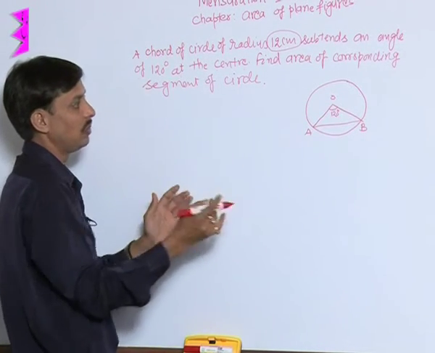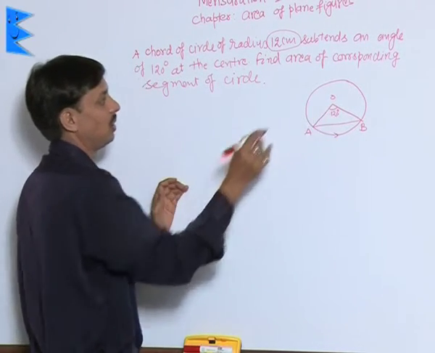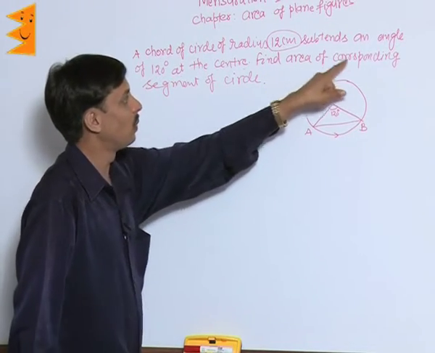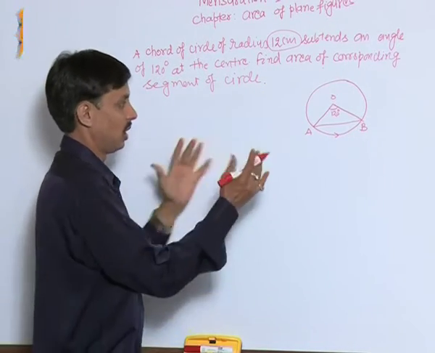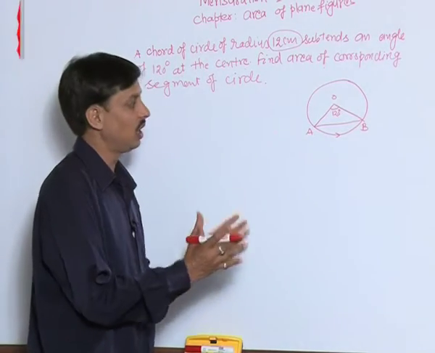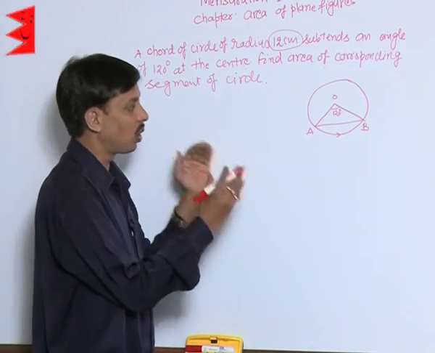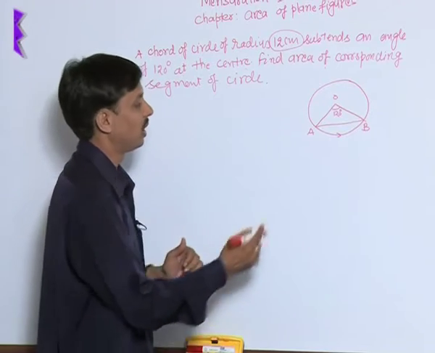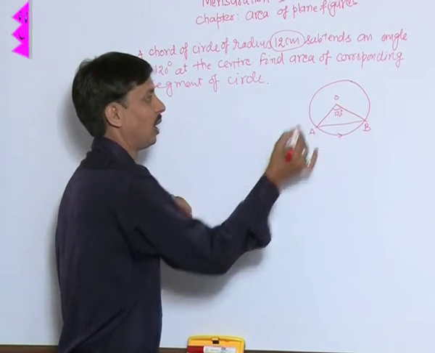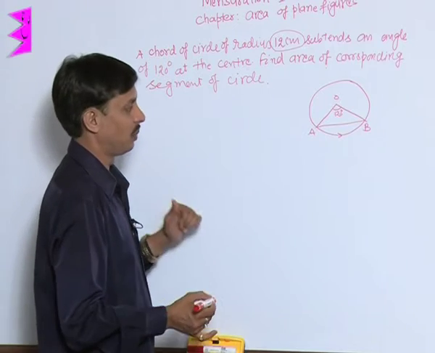That is, the degree measure of the arc AB is 120 degrees. Find the area of the corresponding segment. I have told you a segment is a part of the circle enclosed between the chord and the corresponding arc. Chord is AB, which is subtending an angle of 120 degrees as per the given question.